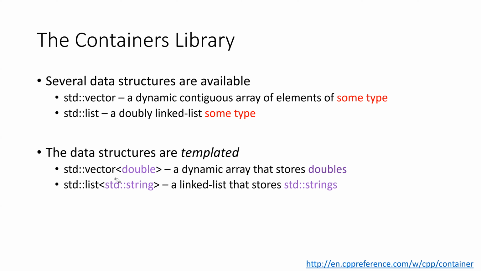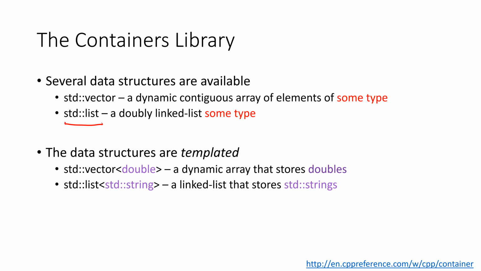The containers library contains these fundamental data structures written as templates so you can store anything you want in them. One of those data structures, one that you know, is the linked list. You wrote a doubly linked list in 244. You don't have to ever write a linked list again in C++ if you don't want to. You just ask for standard list. In fact, you probably shouldn't write another linked list. Standard list is well written. You just ask for a linked list of the right type.